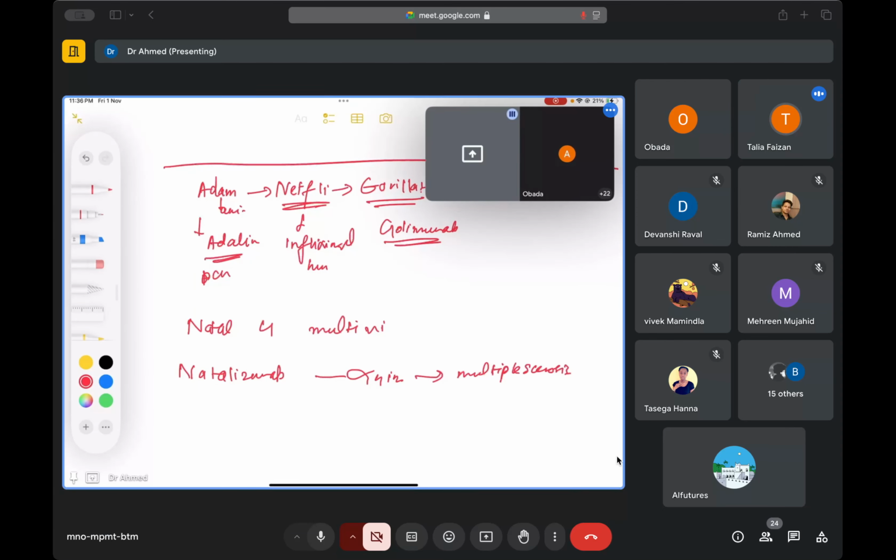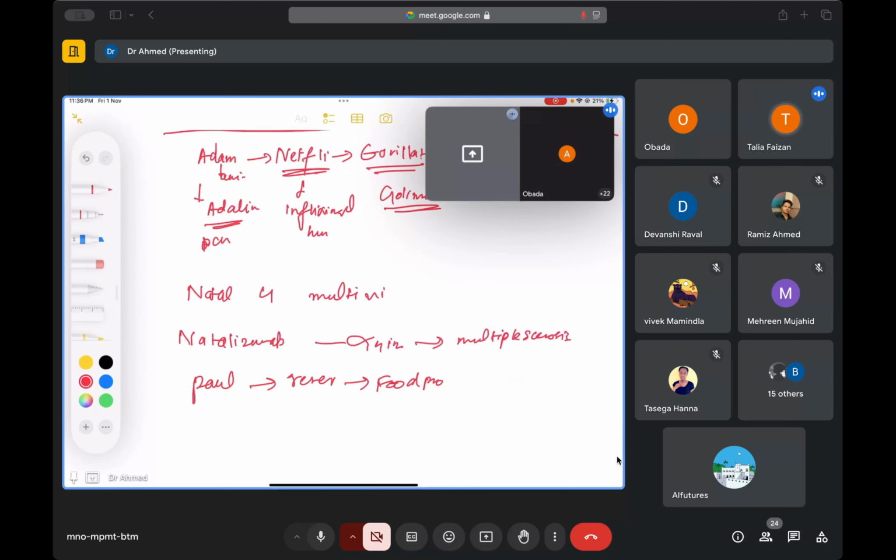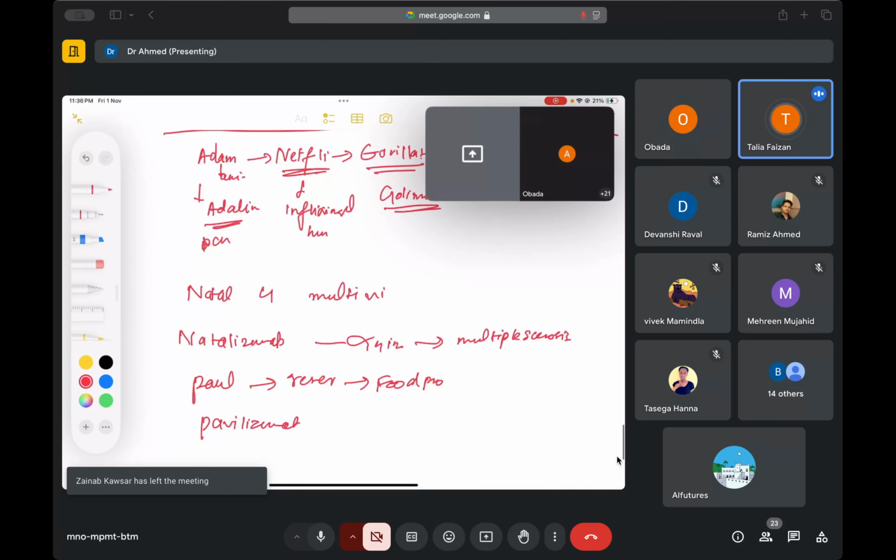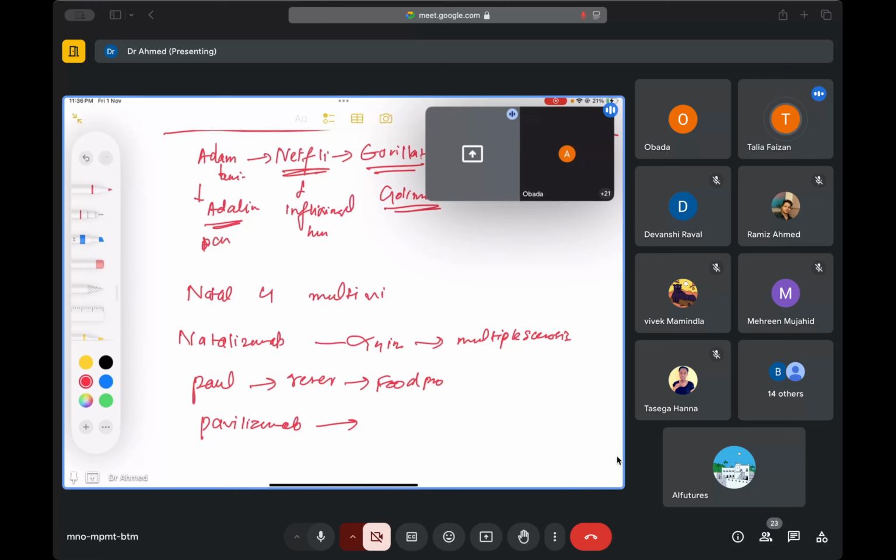Then you have Paul. He's having reservation for some food, protein. So palivizumab for reservation for RSV F protein, and it's basically used in RSV infections.